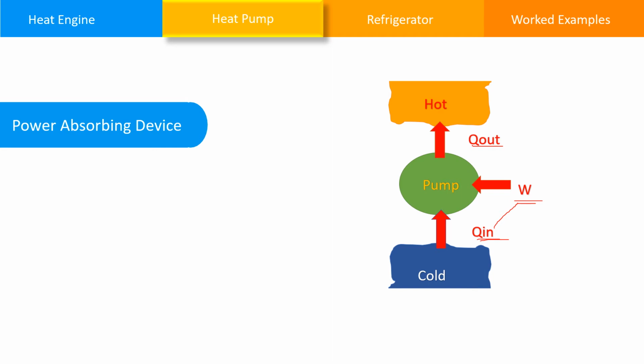So the heat pump is the reverse of the heat engine. Here the goal is not producing work, and it is not even Q in, taking the heat in. It is rejecting heat out. So the goal is to reject heat.